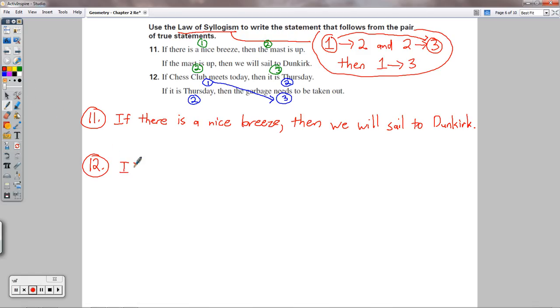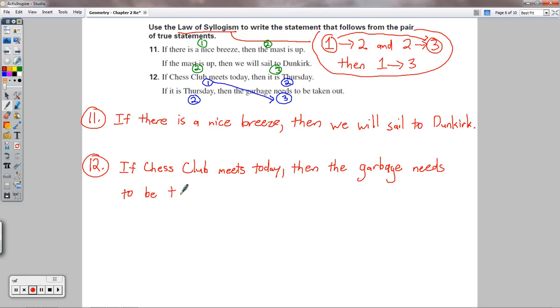If Chess Club meets today, then the garbage needs to be taken out.